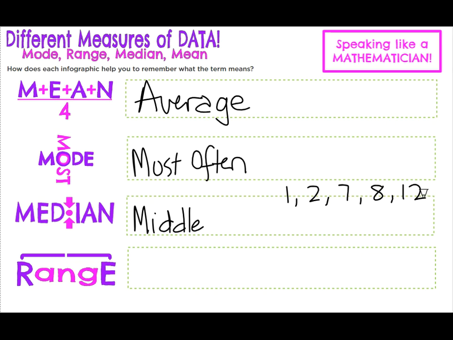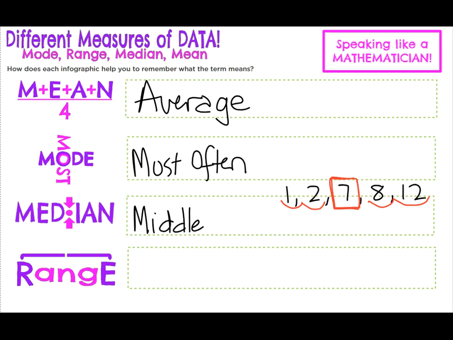And once it's in number order, we just count in from the two sides until we get to the middle. So that's 1, 2. This one's easy to see, 1, 2. And this is our median here. That's the middle of our data.